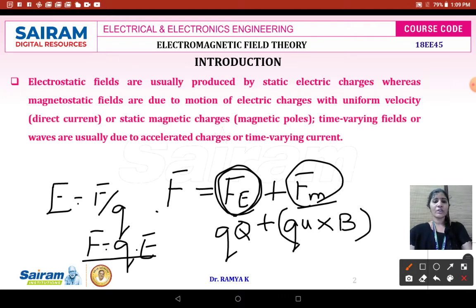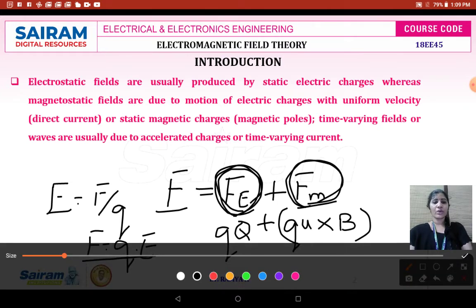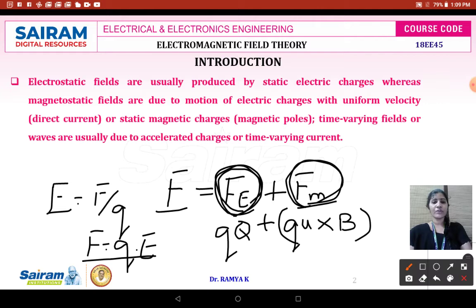Therefore, the total force exhibited in electromagnetic theory will be the summation of your electrostatic force and magnetostatic force. Looking at the equations, the electrostatic force is exhibited due to the static charge.